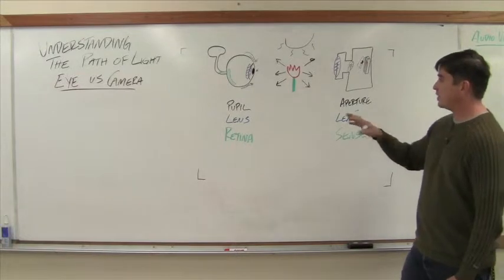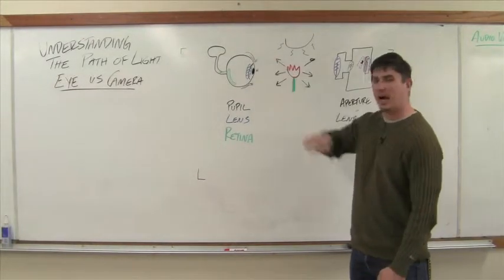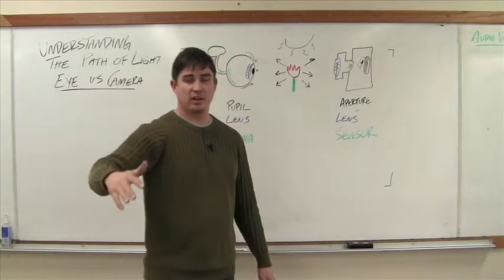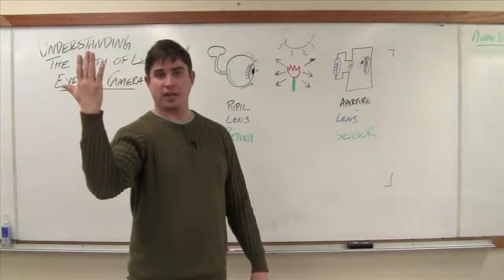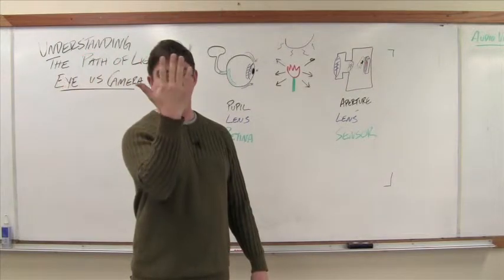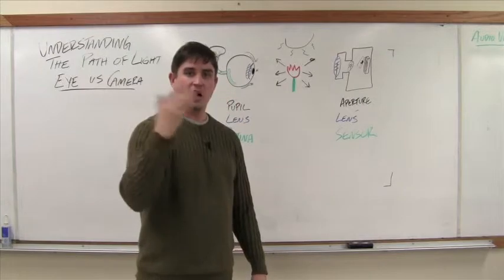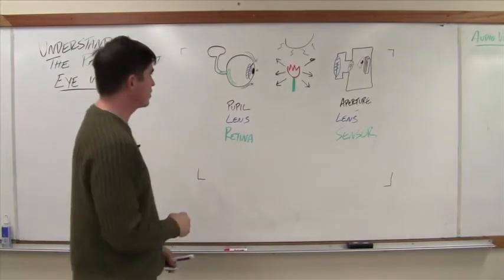Okay? And the last thing, I asked you to remember the eyelids on our eye. If you can put your hand in front of your face and blink really fast, what you're doing is capturing little images of your hand passing in front of your face.